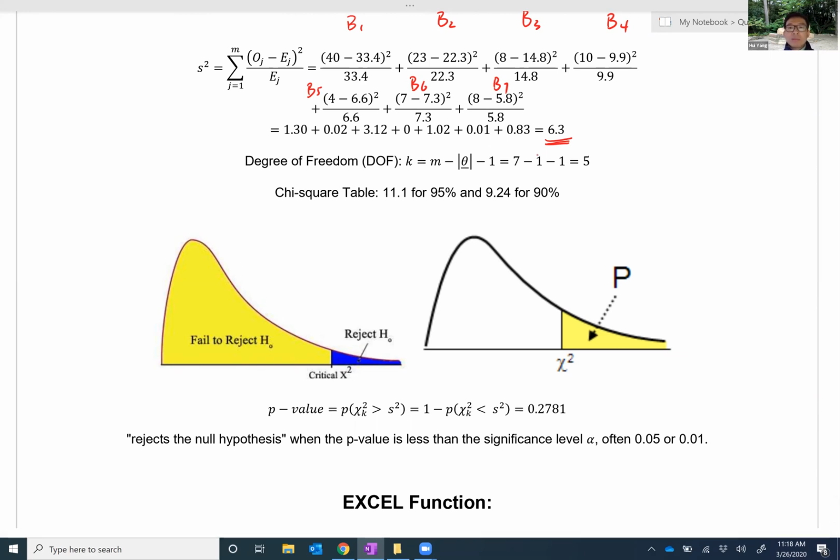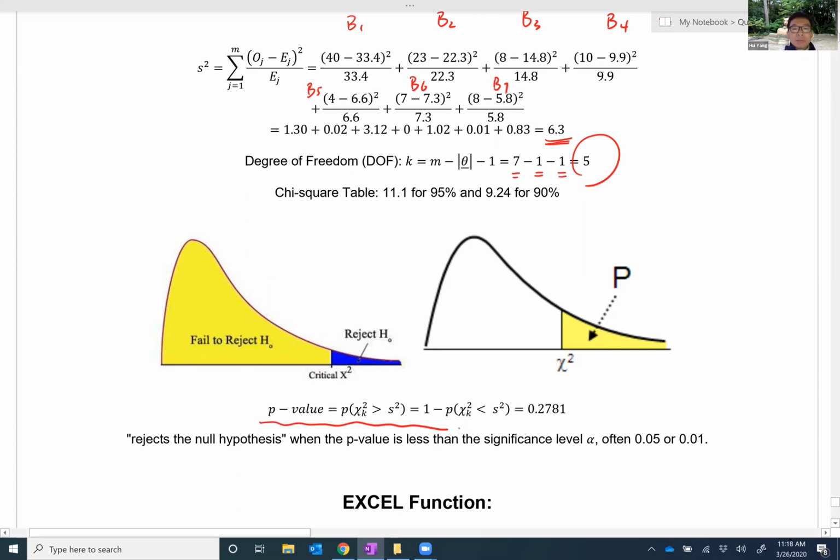And the degree of freedom, we have one parameter, right? And we have 7 bins minus 1. So this is the K definition. So we got a 5. Now we are going to get the p-value.